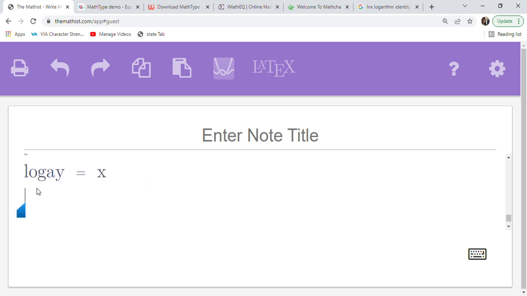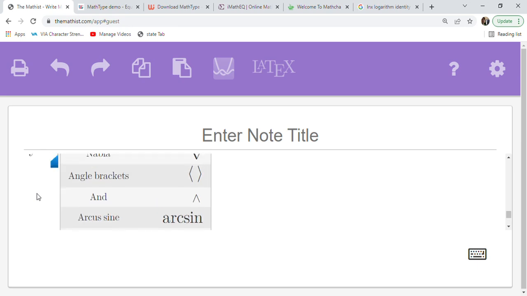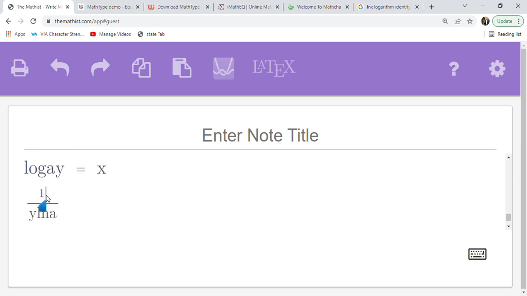Now, if I take the derivative of both sides, on the left side I get 1 over y ln a times the derivative of y, which is just y prime. So y prime over y ln a equals 1, because the derivative of x is 1.